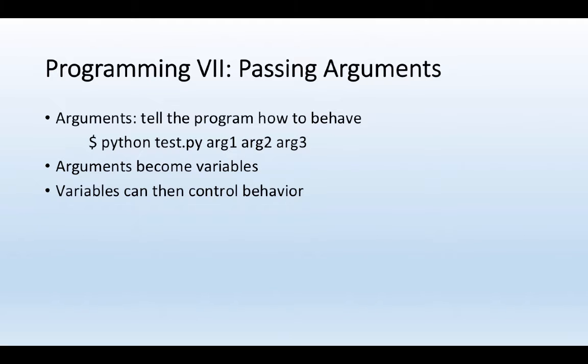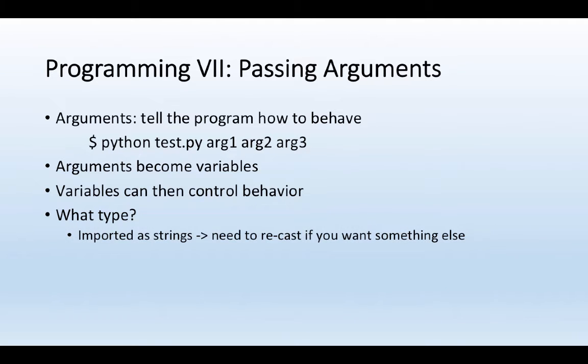And an important thing to consider as we bring these variables in and they start to become entities that now exist within your program is what type of variable are they when they're imported into your program. Just like with file import output, it's the same kind of idea, same concept.